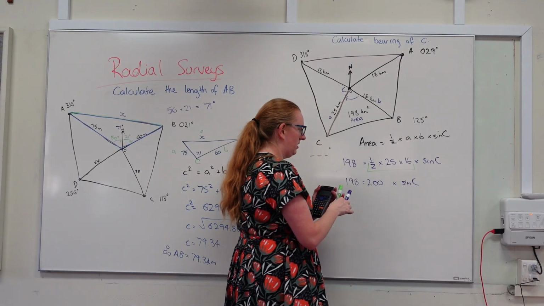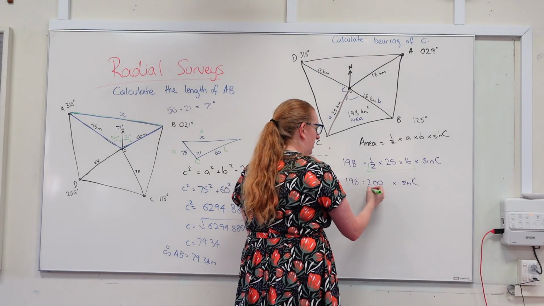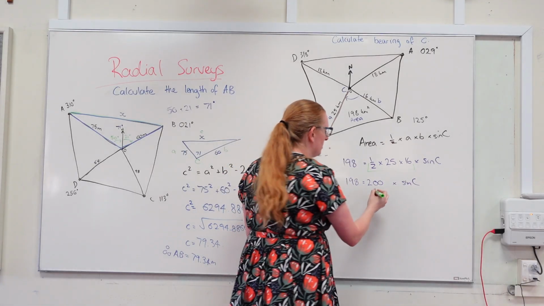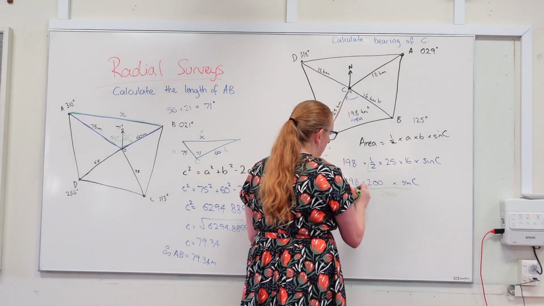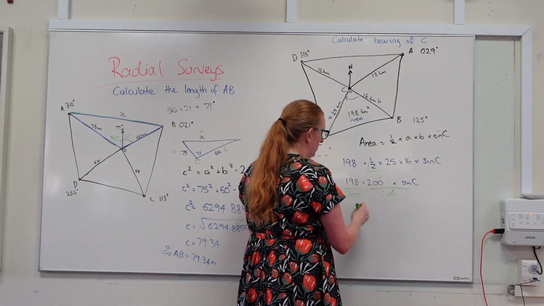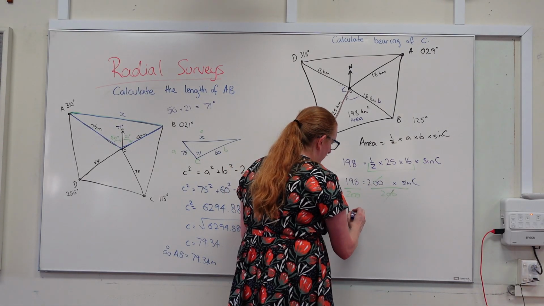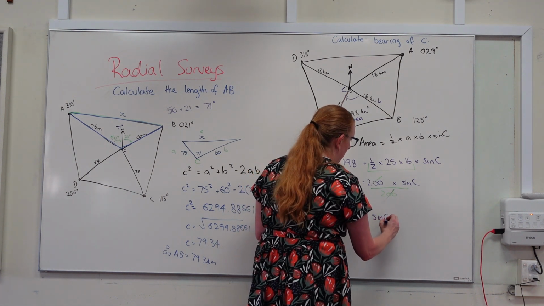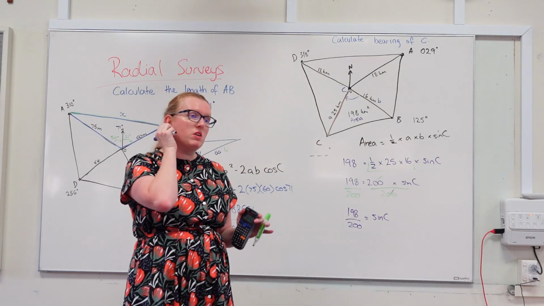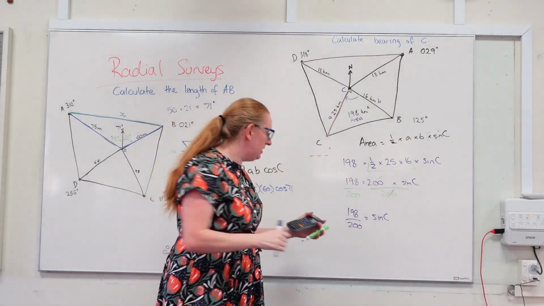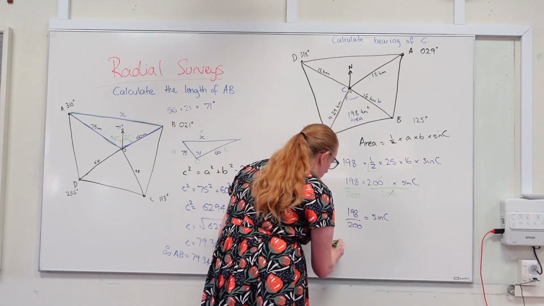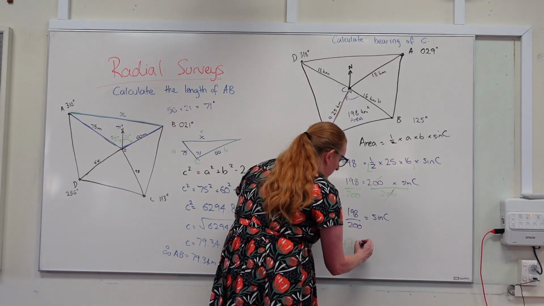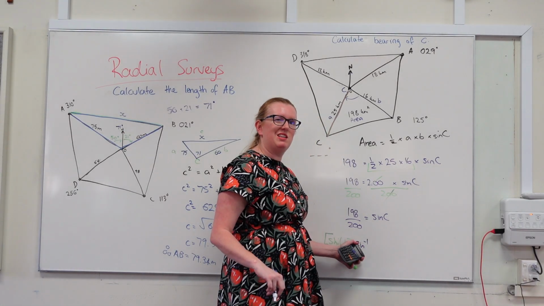Okay, now I've got to pick this bit up and move it over here. So I'm going to do the opposite of whatever's happening here. They're being multiplied together, so I'm going to divide by 200 to move it. Divide by 200. They get cancelled. So now I've got 198 over 200 is equal to sine C. Now because I'm trying to find an angle, I have to click shift, then that will give me sine with a little -1 once I hit sine.